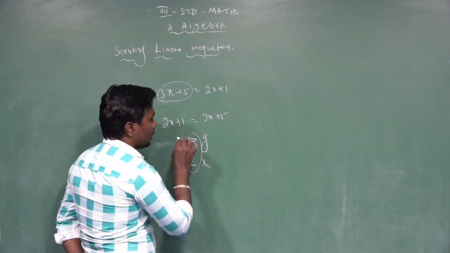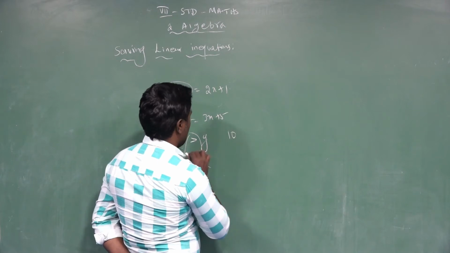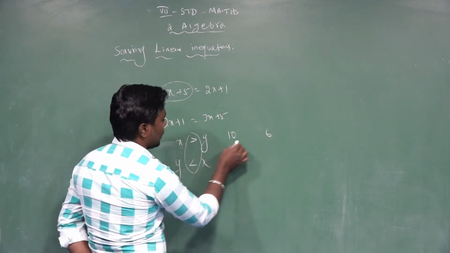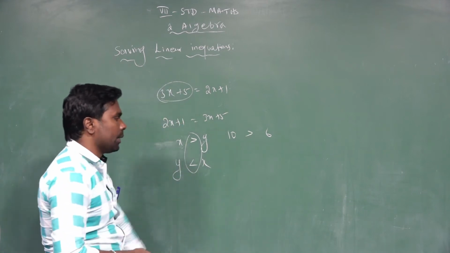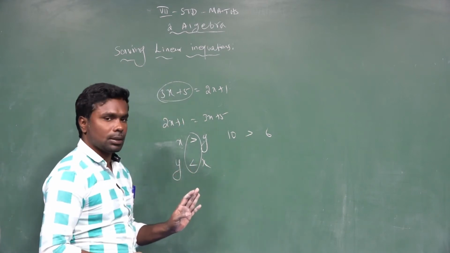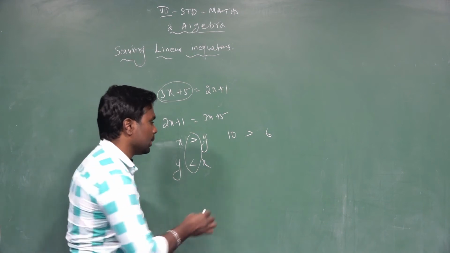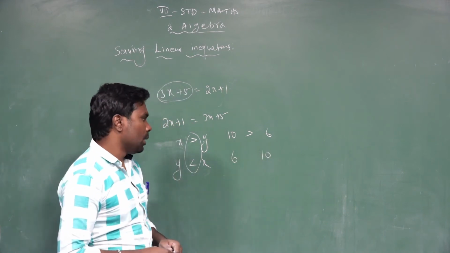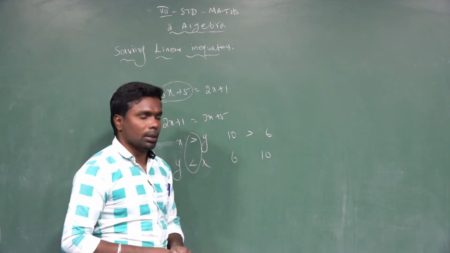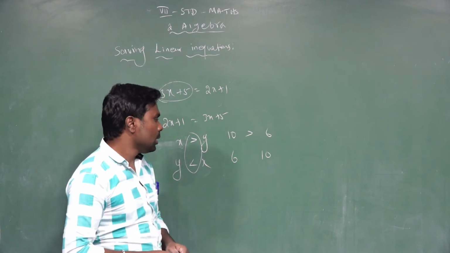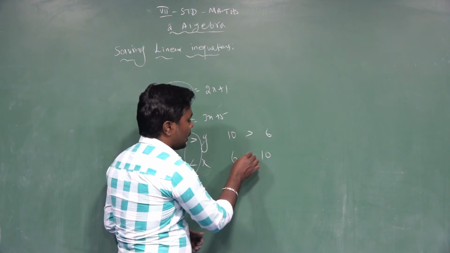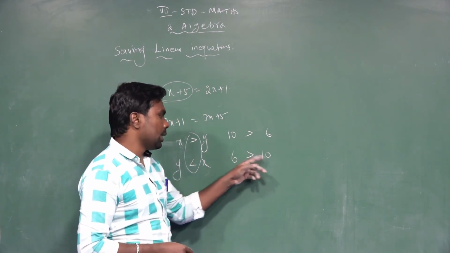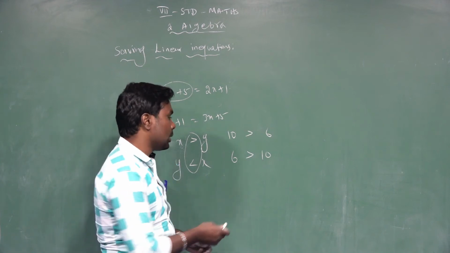For example, here x takes the value 10 and y takes the value 6. So 10 greater than 6. When we interchange the numbers, here 6, here 10 come. Now you must reverse the symbol. Suppose we write it with the same symbol, 6 greater than 10, it's not true.